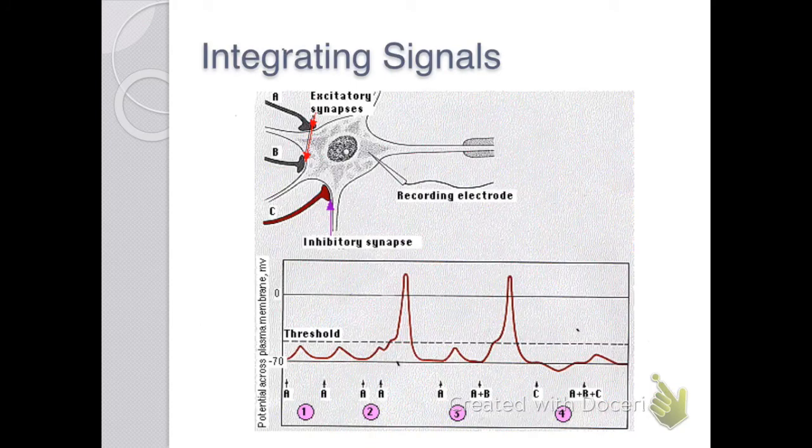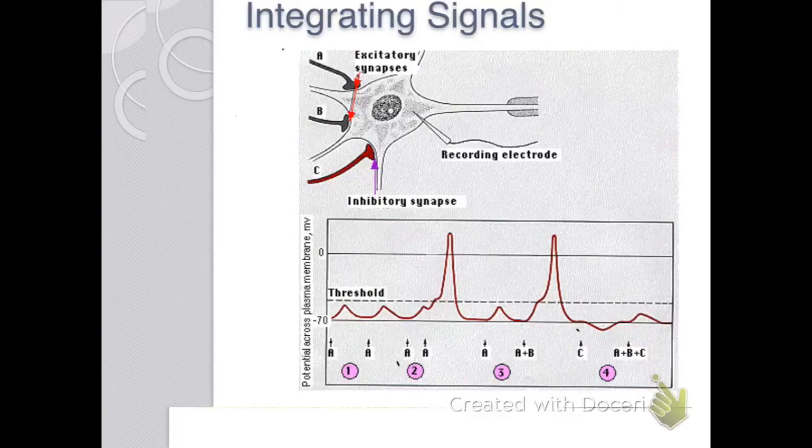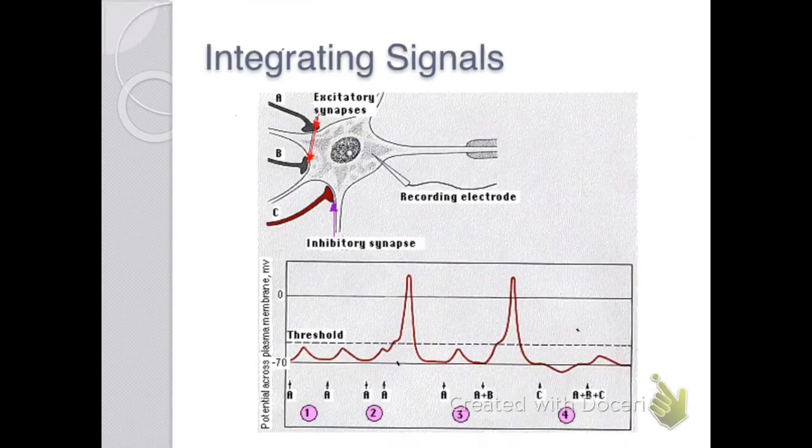Alright, lastly, here is a diagram of an oscilloscope trace. This is showing an oscilloscope trace for a neuron that has many incoming synapses. So we can see here that there are many different neurons coming in and attaching here. And so we're going to be looking at the effect of all of these.